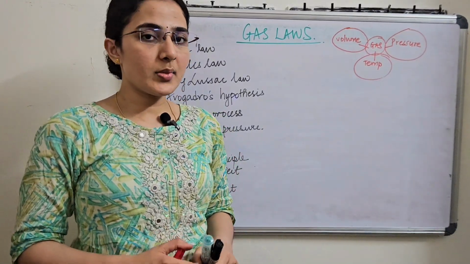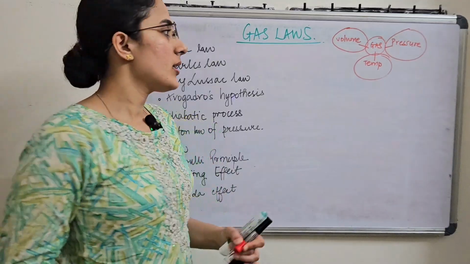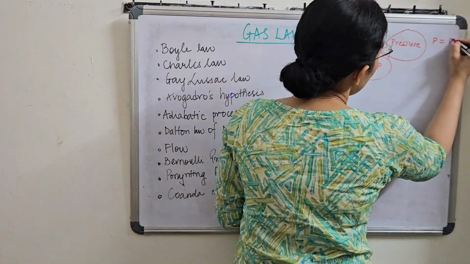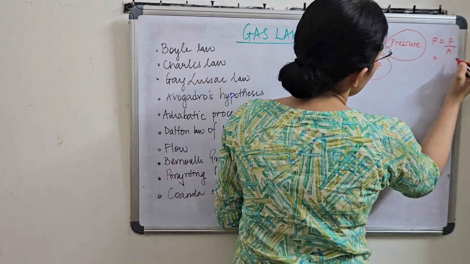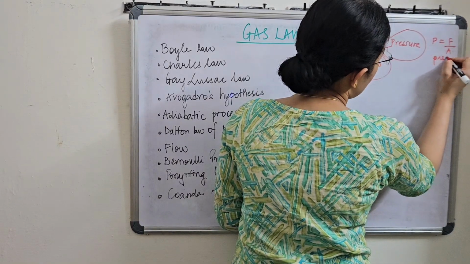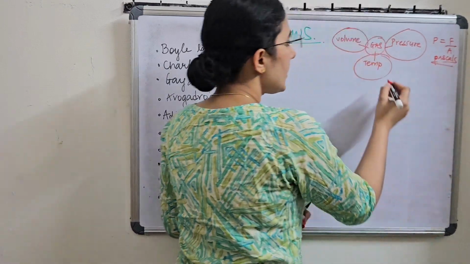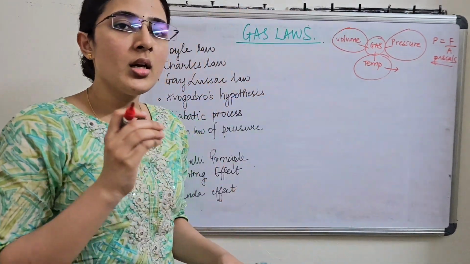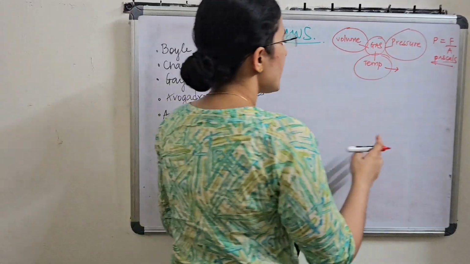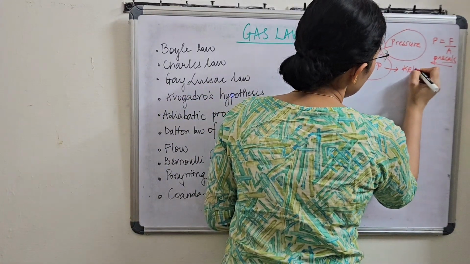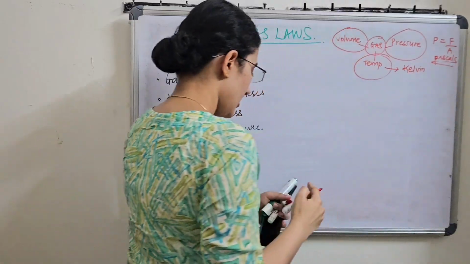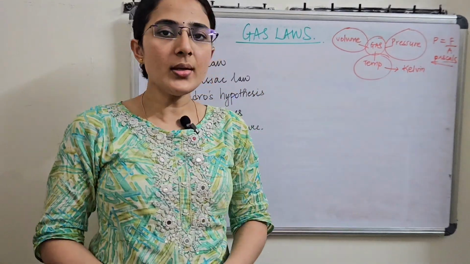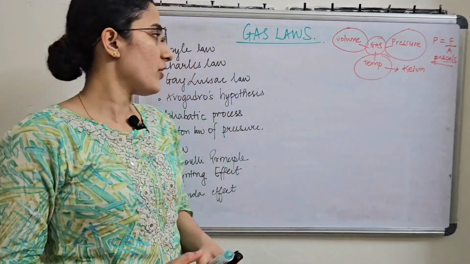Force is in terms of newtons and area in terms of meter square, so pressure is equal to force divided by area, in terms of pascals. Temperature is the degree of hotness or coldness of a substance, measured in Kelvin.